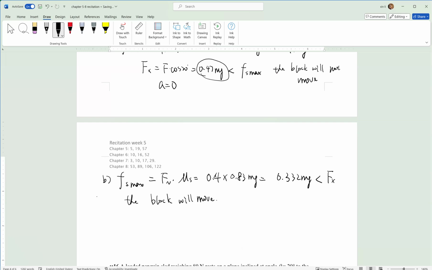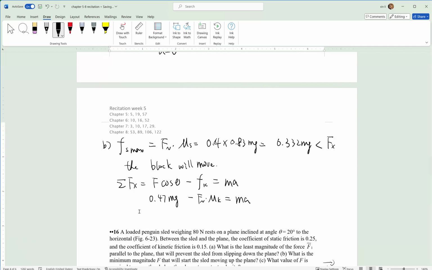Once we know it moves, we can calculate the acceleration. Its net force along x direction will be equal to F cosine theta minus kinetic friction equals ma. So we can do 0.47 mg minus, what is the coefficient? Minus Fn times mu k equals ma.